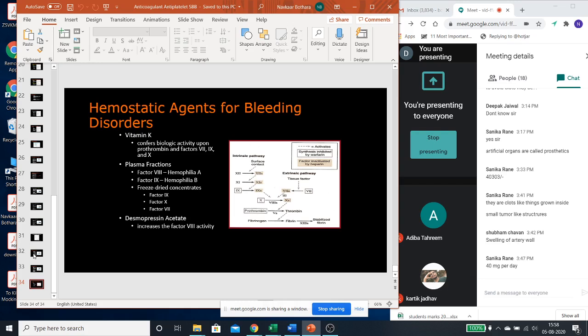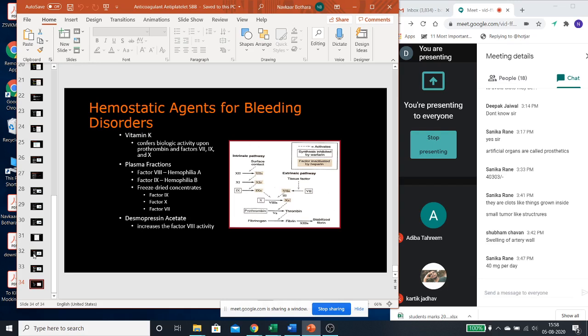Hemostatic agents for bleeding disorders: what we can give is vitamin K. We have seen the mechanism that it is very important for synthesis of various cofactors of coagulation.